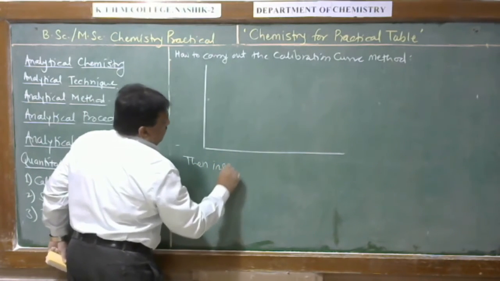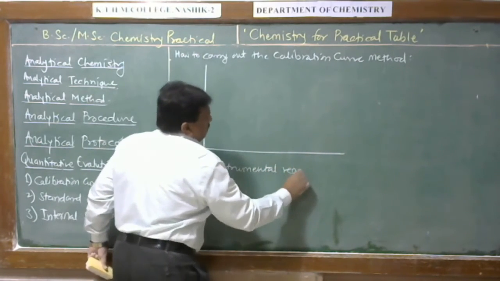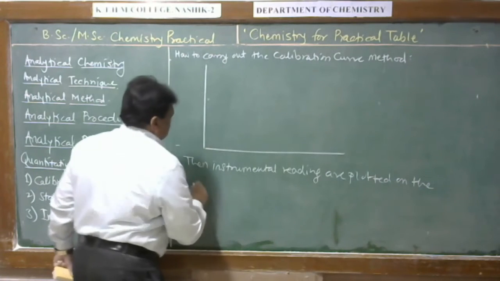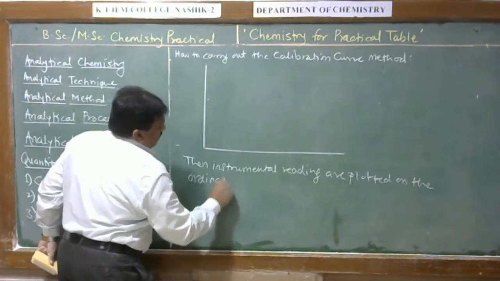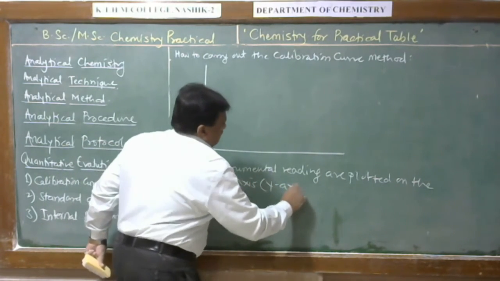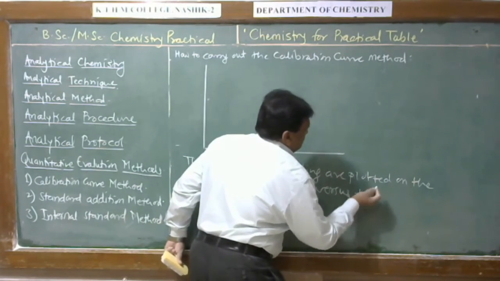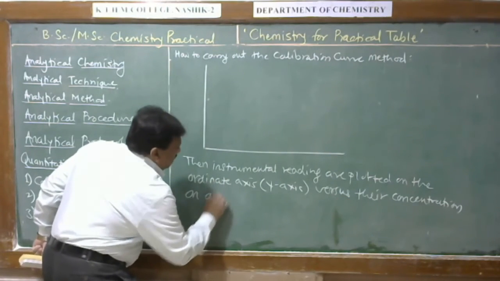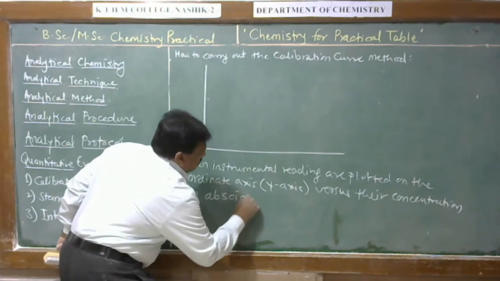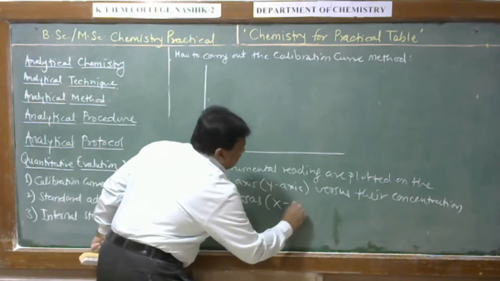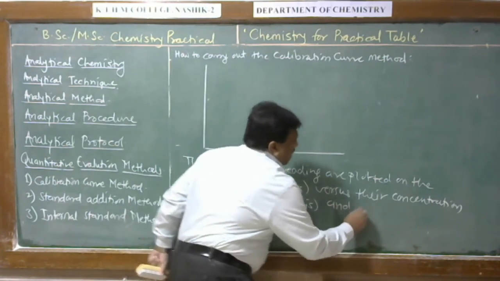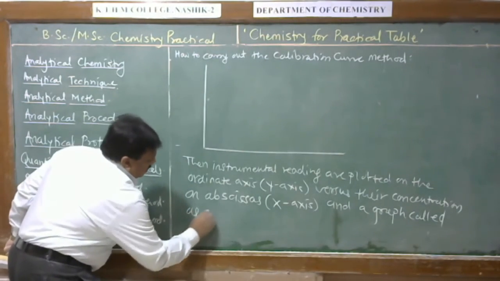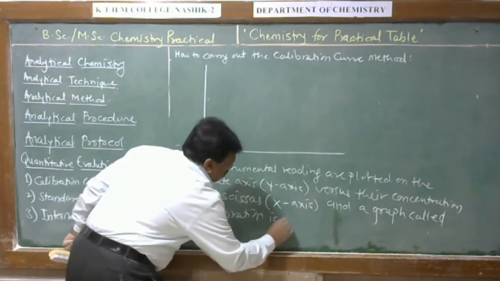Then instrumental response or reading are plotted on the ordinate axis, that is y-axis, versus their concentration on abscissa, that is x-axis, and a graph called calibration curve is obtained.